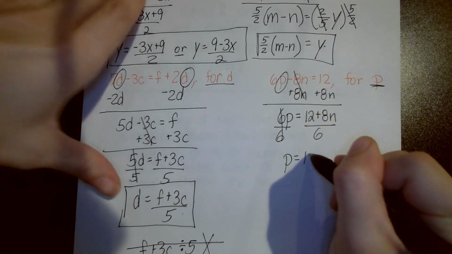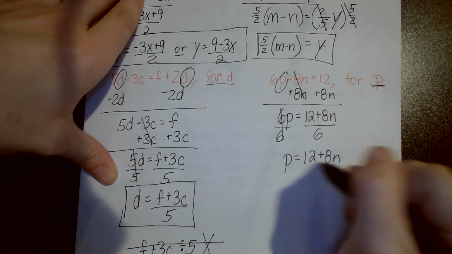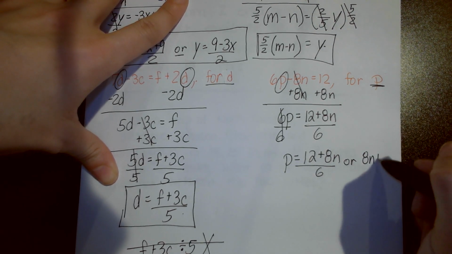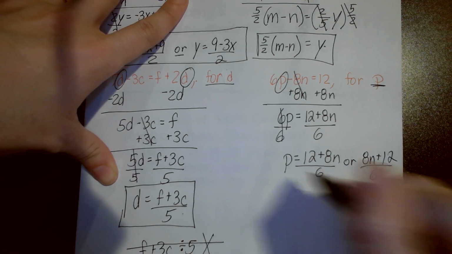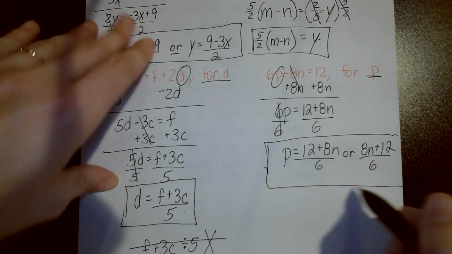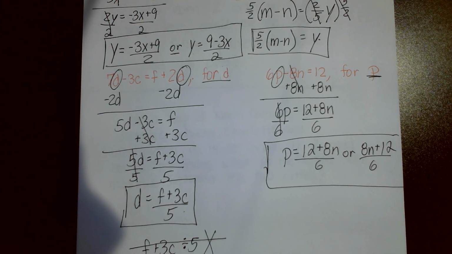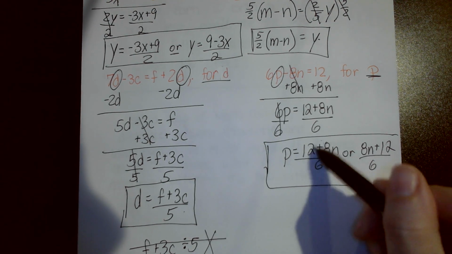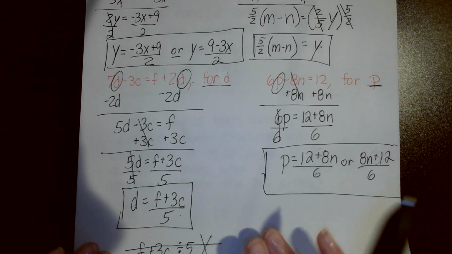P equals 12 plus 8n over 6, or 8n plus 12 over 6. Now reminder, this is only because it's addition. If it was subtraction, it needs to be in the right order. So there would only be one acceptable answer, not two. This is only because we are adding, okay?